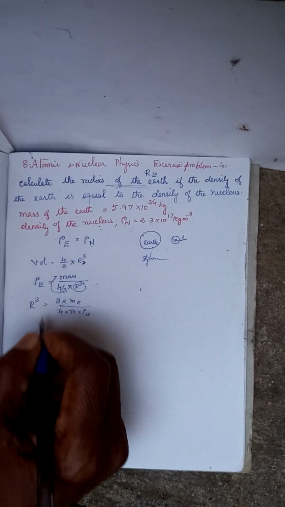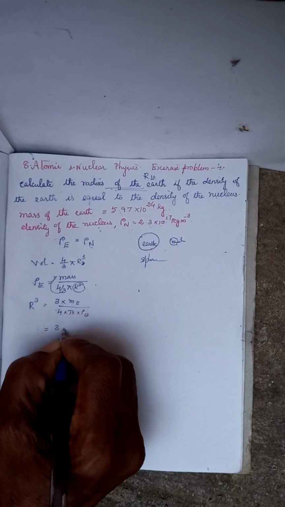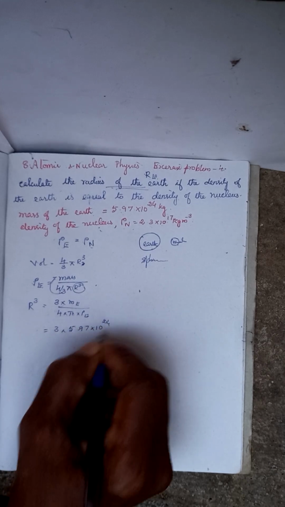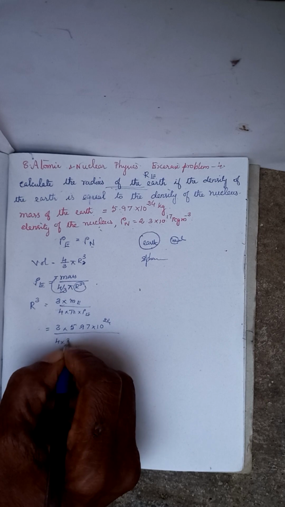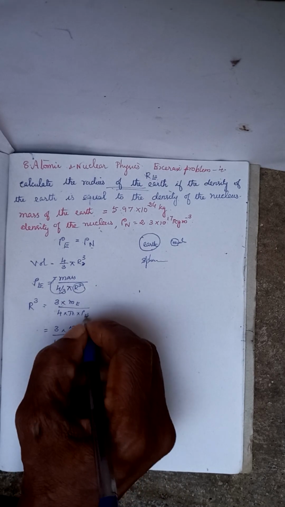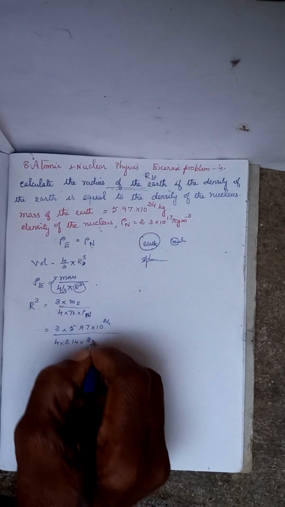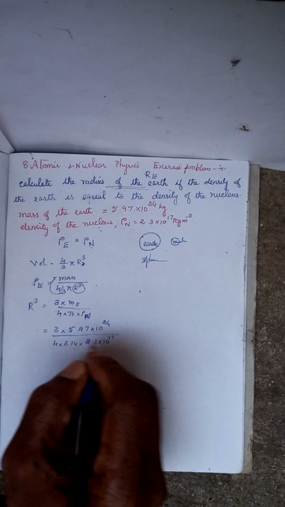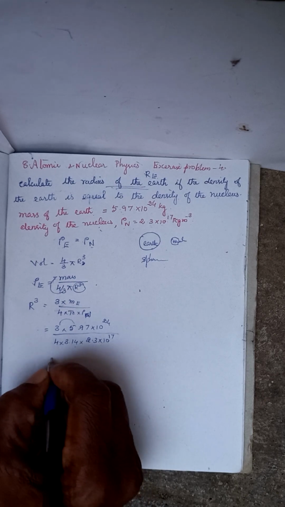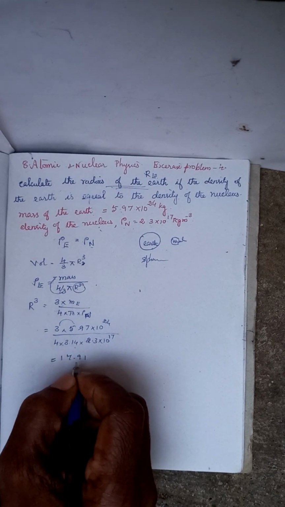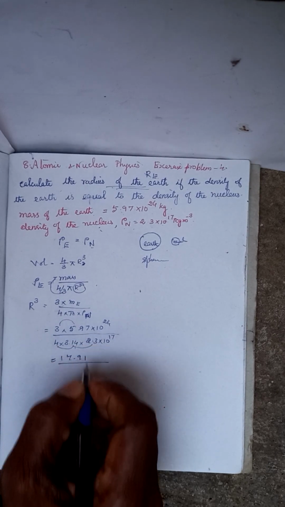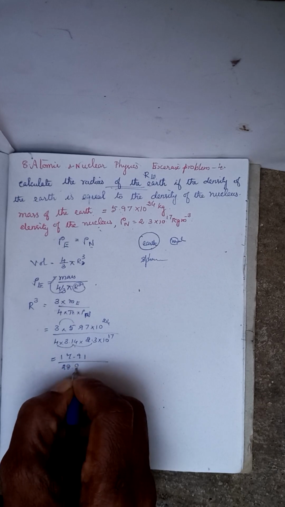So we have to find out r cube. So substitute the value: 3 into mass of Earth 5.97 into 10 raised to 24, divided by 4 into 3.14 into rho E, that is rho N, that is 2.3 into 10 raised to 17. 3 into 5.97, that is equal to 17.91, divided by 4 into 3.14 into 2.3, that is equal to 28.88.